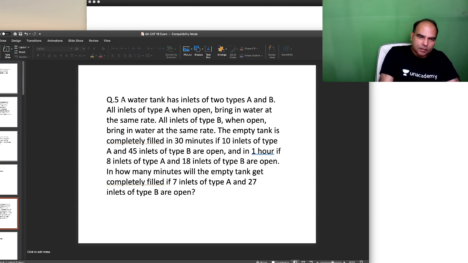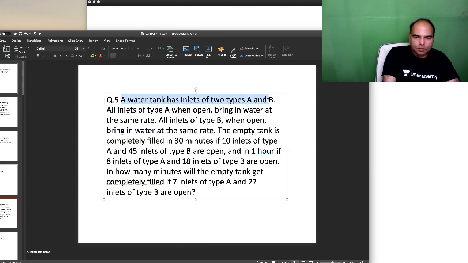So the question says a water tank has inlets of two types, A and B.